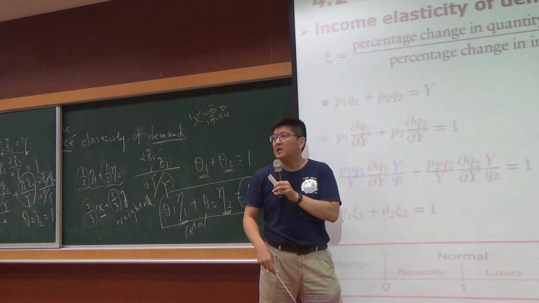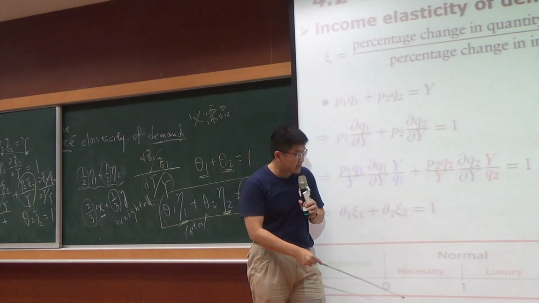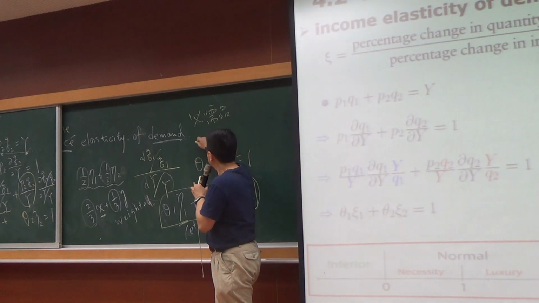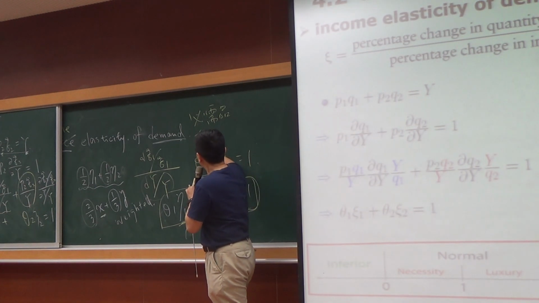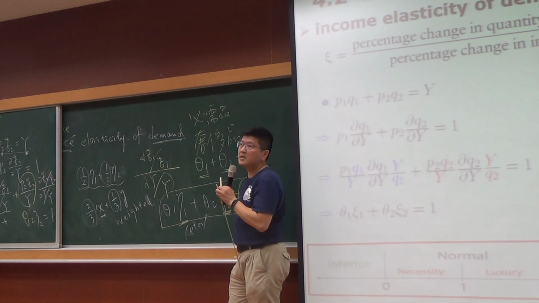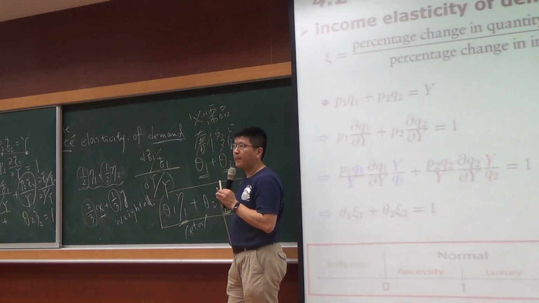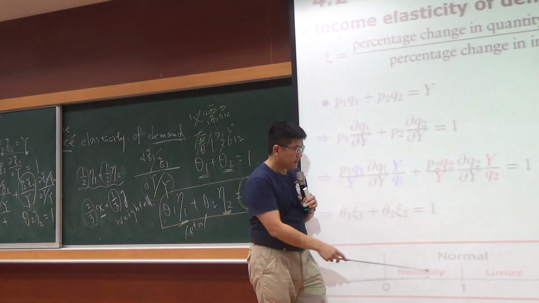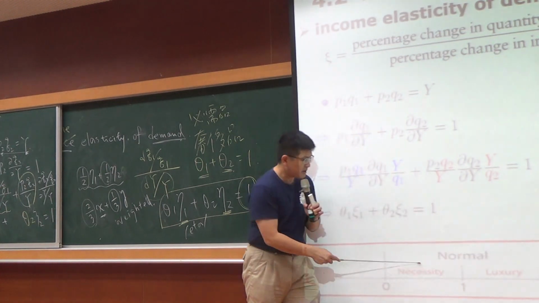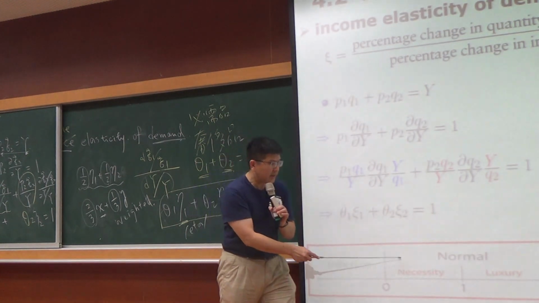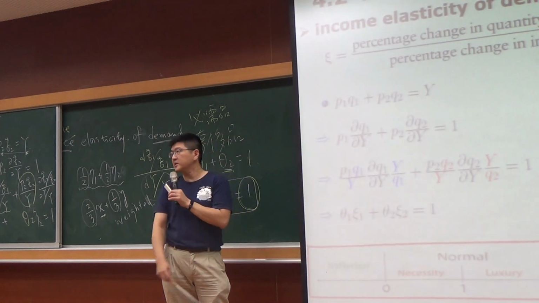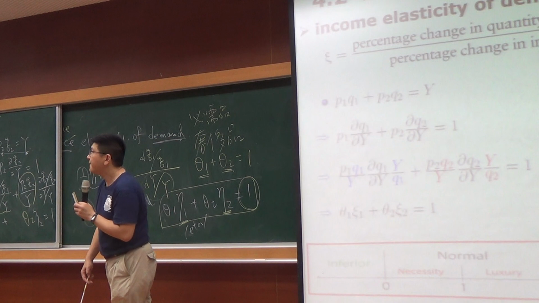And if the income elasticity exceeds 1, we call it a luxury good. So in this region, it's luxury and necessary, and both of them are normal goods, and then inferior goods. Okay?